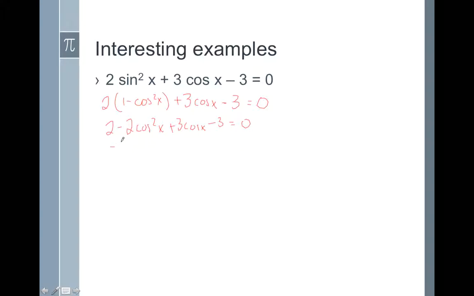And I'm going to say, okay, this is negative 2 cosine squared x plus 3 cosine x. Plus 2 and a minus 3 makes a minus 1 equals 0. I don't really like dealing with negative quadratics, so I'm going to multiply this entire equation by negative 1, and it's completely legal. So don't think I'm misleading you here.